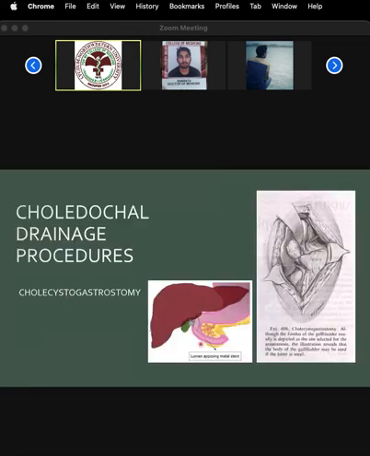So again, as I've said, before doing exploration, we have to preserve the gallbladder first because it may be used later on as a conduit for bypass.